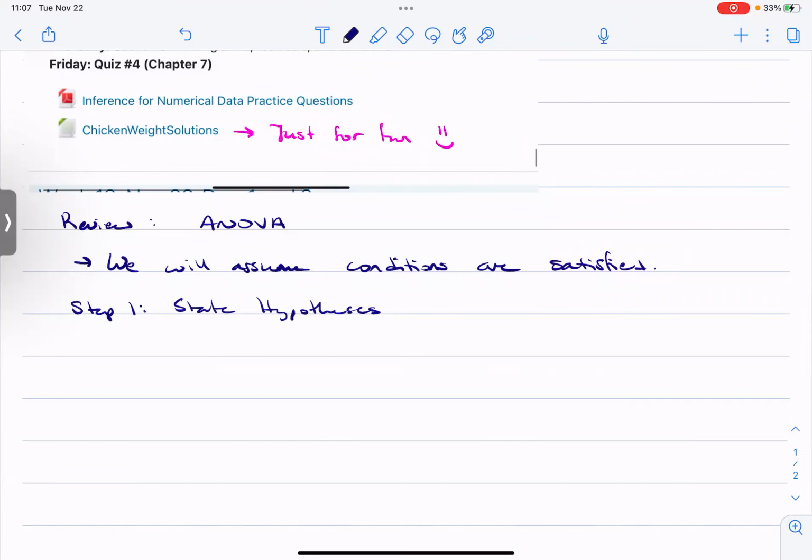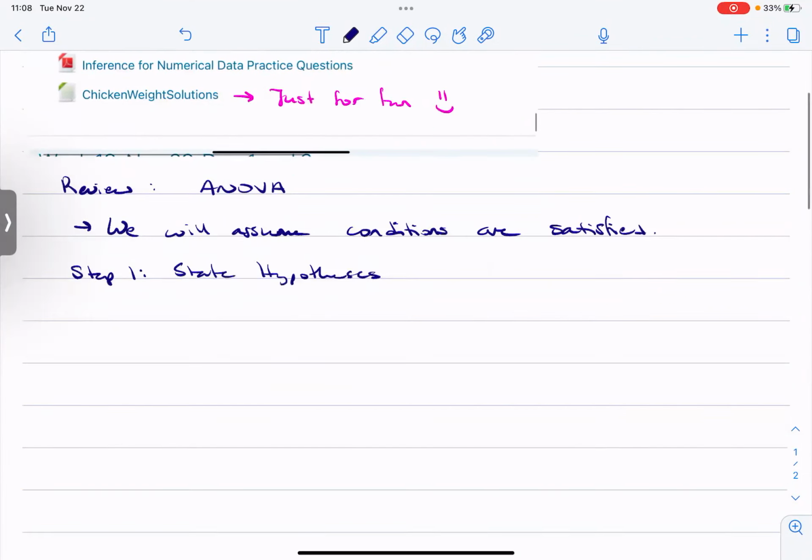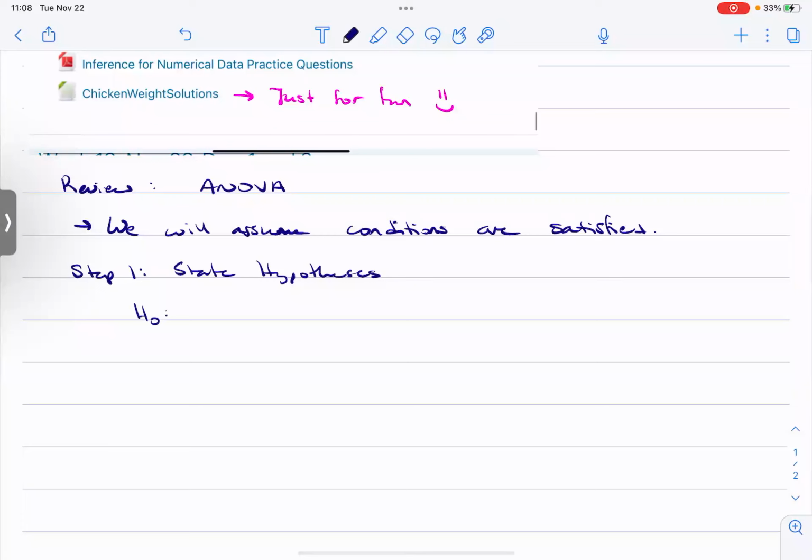But if I have more than 2 means, so 3 or more, then my null hypothesis is that mu1 is equal to mu2, all the way equal to mu k, where k is the number of groups. All right, so we use it to compare k groups.